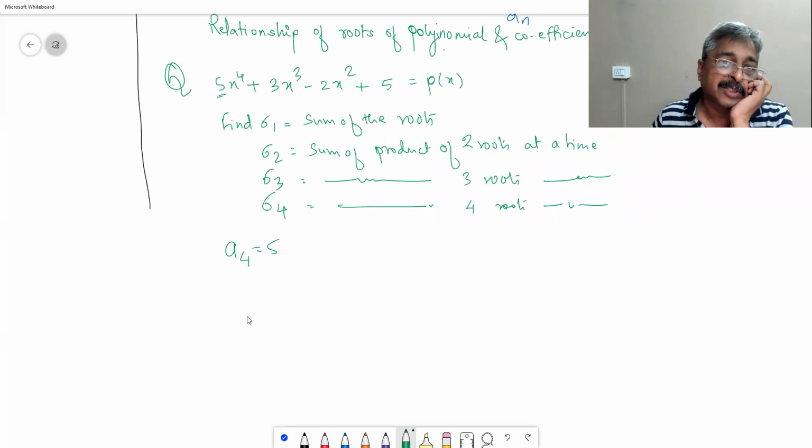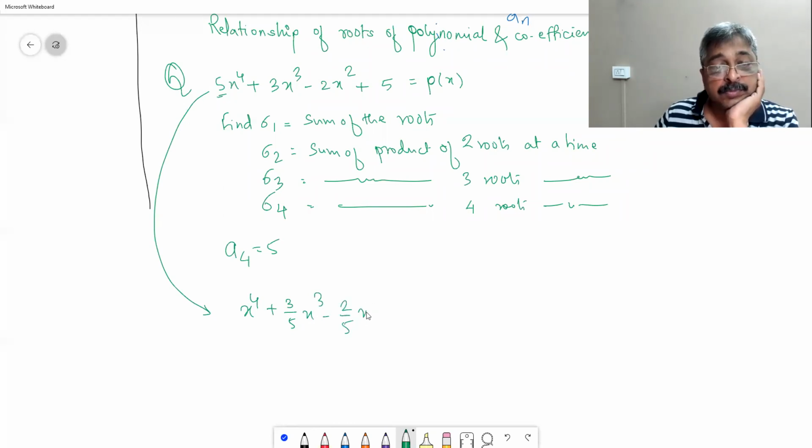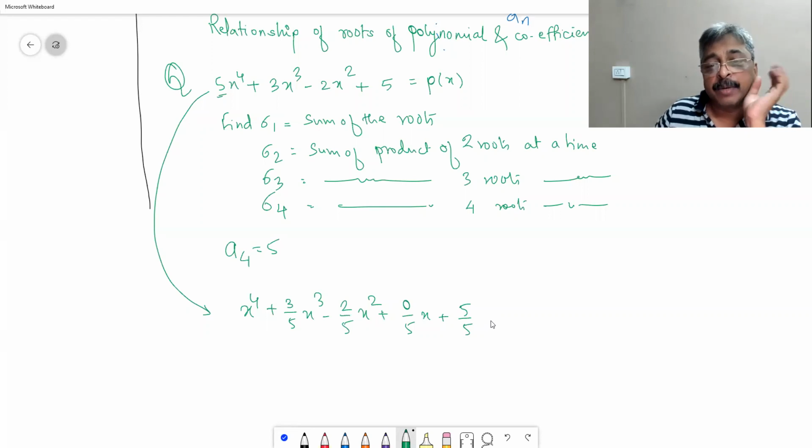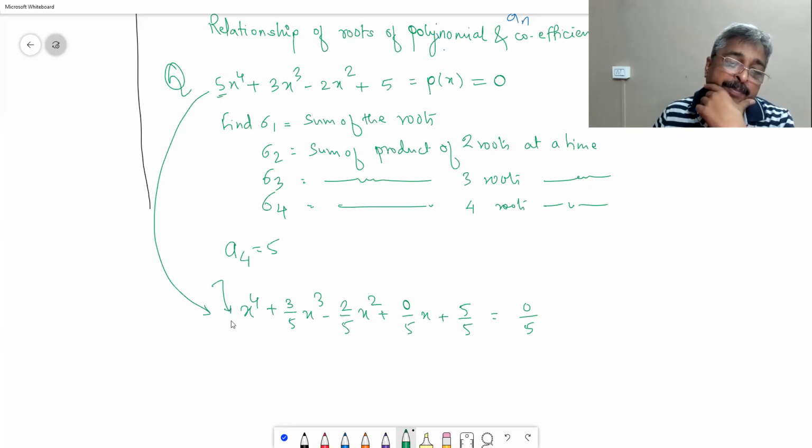So consider this polynomial, maybe in your mind, not every time you have to write, but because we are doing it for the first time, since we are equating it to 0, we don't mind dividing everything by 5 to make the leading coefficient positive 1. That makes our life a little easy.